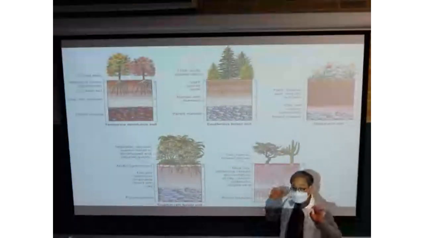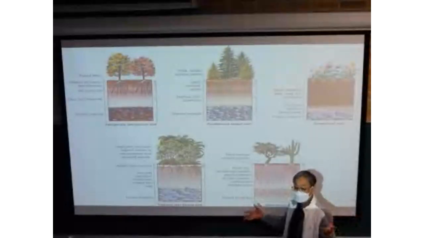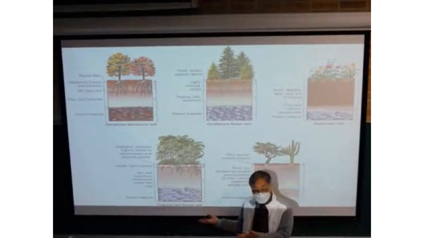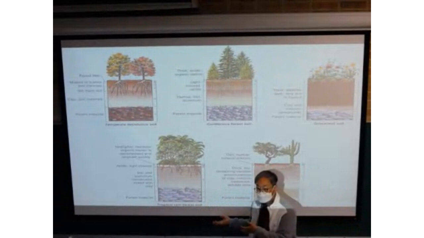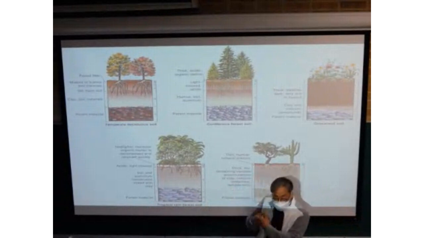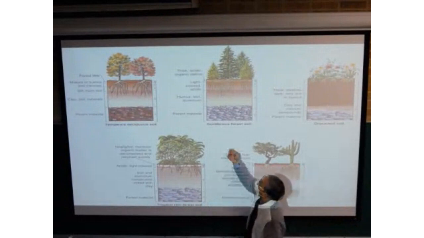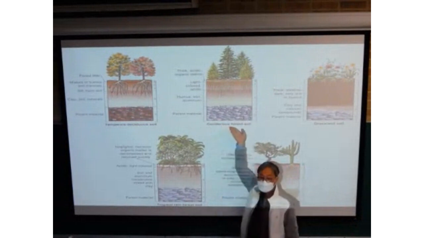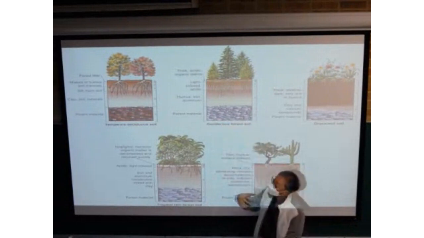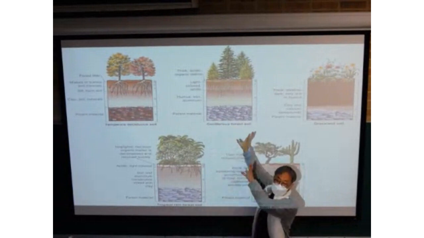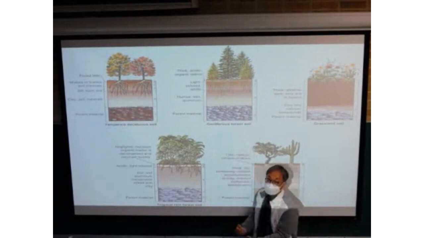Why? Because there's organic matter and there's water, but the water does not lose its power, because there is a tree instead of grass. So water can be poured from the high elevation to the low elevation, and trees develop their root system in a much deeper area. Trees take up the water from the soil, and the water in the upper area is pulled down to the deeper soil profile by the trees' roots.